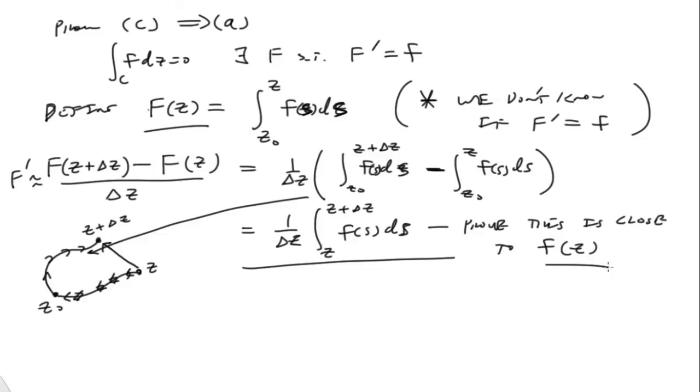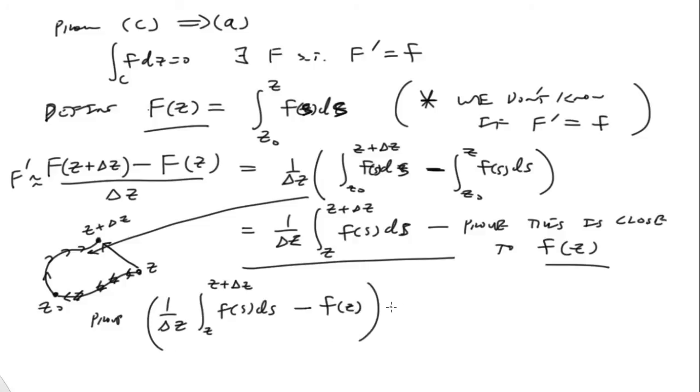So what we really want to do is subtract these two things and say that they're zero. So we want to prove that 1 over delta z times the integral from z to z plus delta z of f of s ds, minus f of z, goes to 0 as delta z goes to 0. Okay? All right, so let's see if we can do that.